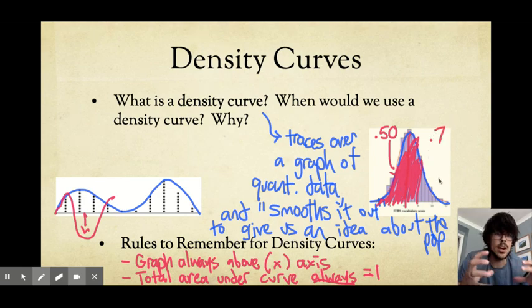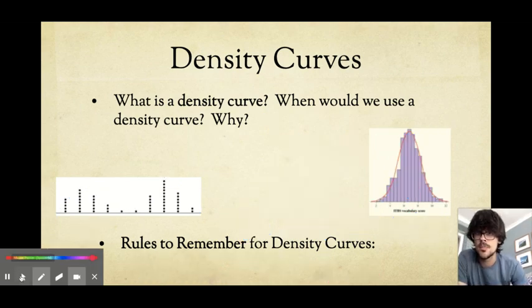That tells me that area is the percent of the data points that have values in that range. So 70% of the people in the graph live in this red area right here. Okay, so the area corresponds to the percent of the picture, which is why we always make it out of 1. So let's move on.